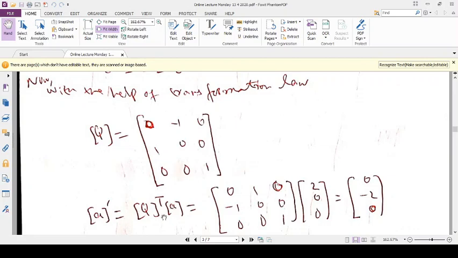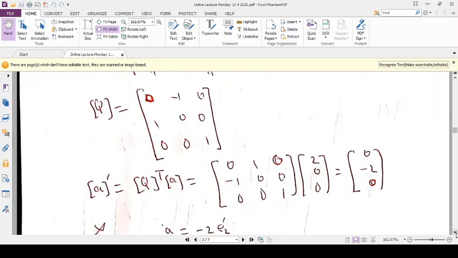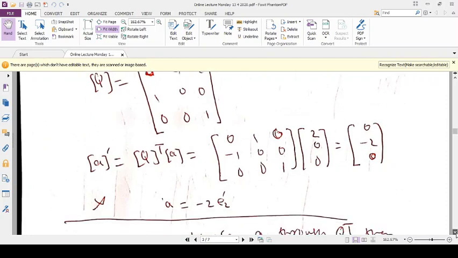A dash will be equal to Q transpose A. Now you can write simply Q transpose here, and A, then you have 0 minus 2 0.